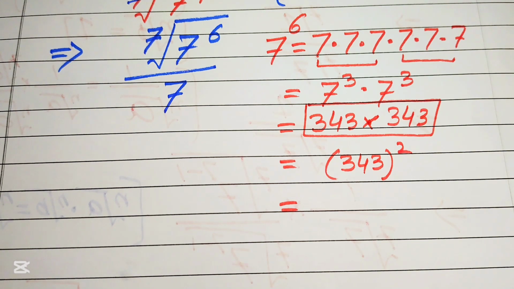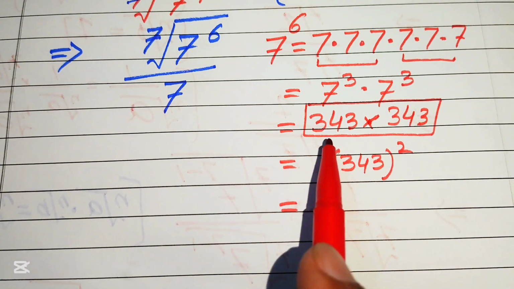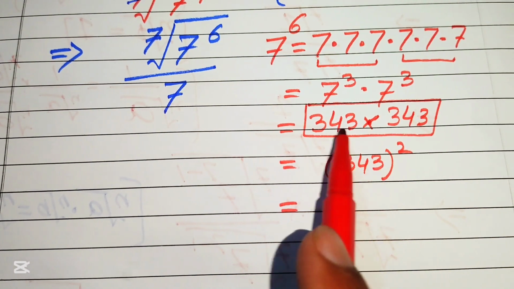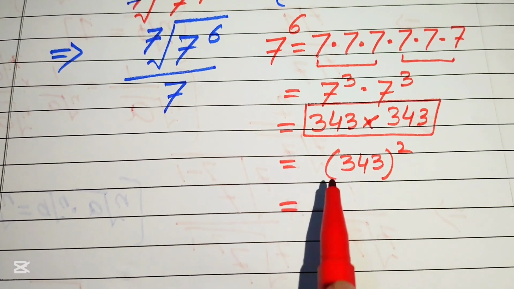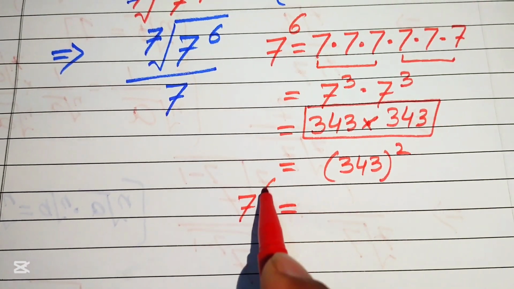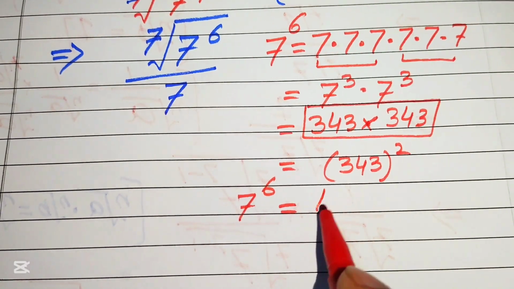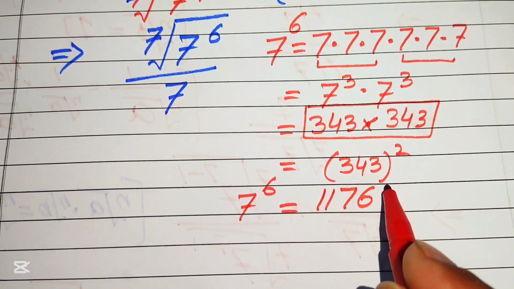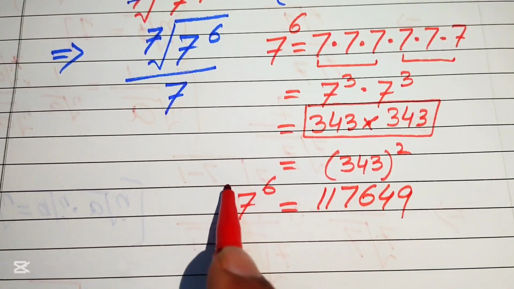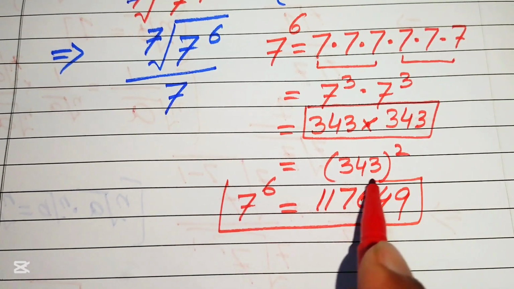Here I can save some time, because the video is already very long, so in order to save some time I will just write the exact answer of the product of these two numbers. Finally we write 7 to the power of 6 equals 117649.